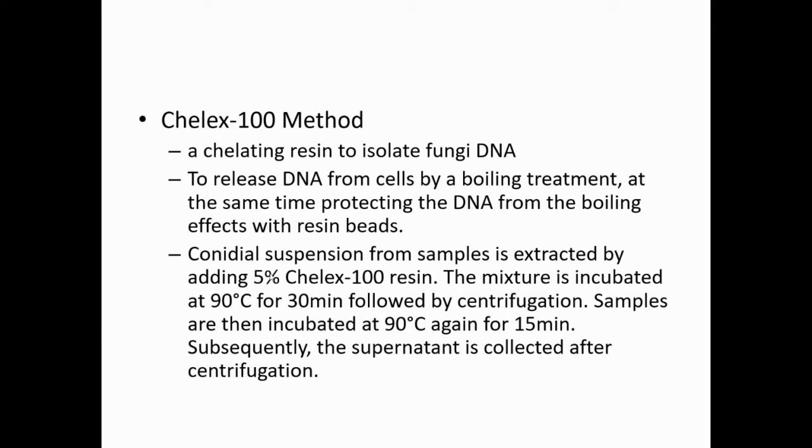Typically the conidial suspension from the sample is extracted by adding 5% Chelex 100 resin, and then you incubate the mixture at 90 degrees for 30 minutes, followed by centrifugation, and then you transfer the supernatant, and then add another Chelex, incubate again, and after centrifugation, the supernatant is collected for DNA purification.